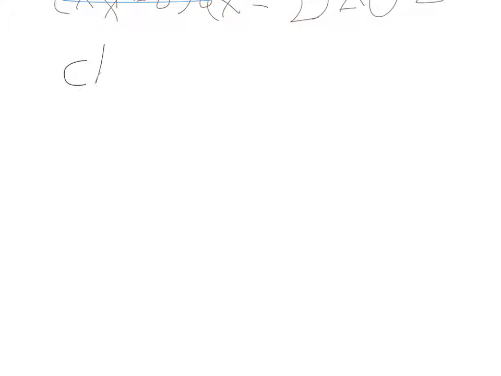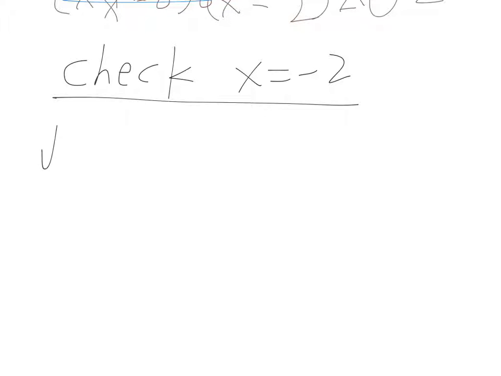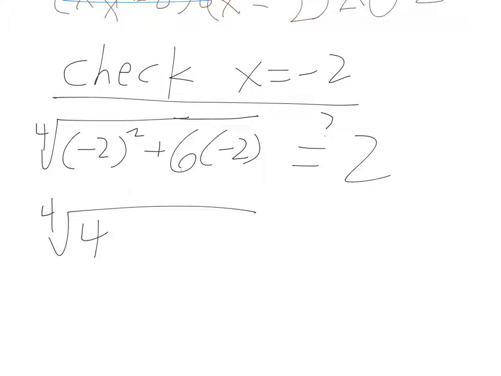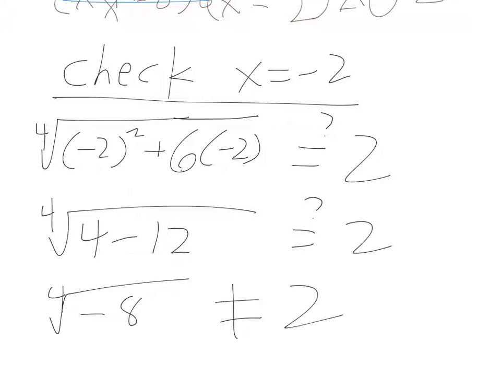Now let's check 2. So if we do the fourth root of, instead of x squared being 2 squared, plus 6 times 2, see if that equals 2. Negative 2 squared is positive 4. 6 times negative 2 would be negative 12. 4 minus 12 is negative 8, which does not equal 2.